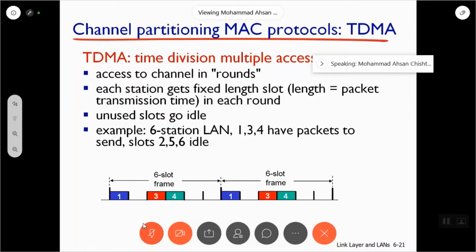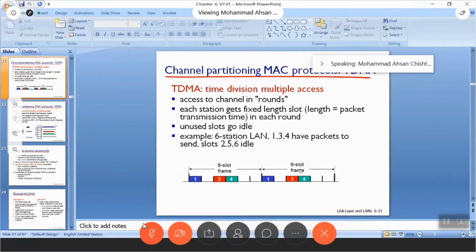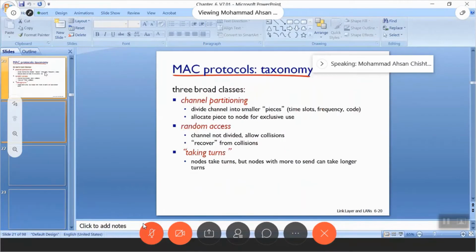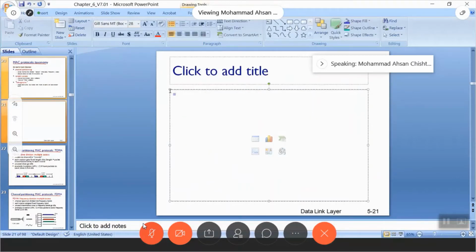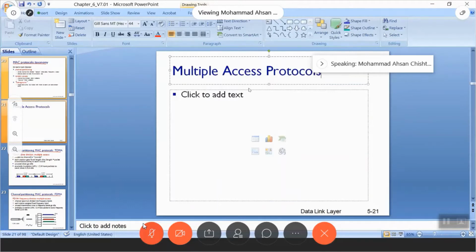Let's go to the first one. Or before that, we will add a slide here before this. And I will say here we have multiple access protocols, and in this there are three.